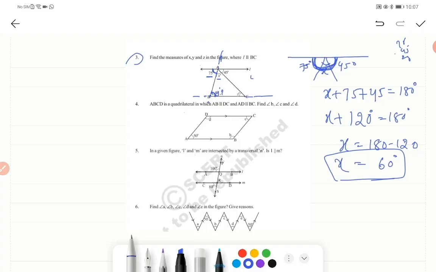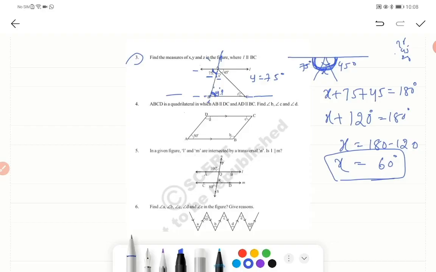Alternate angles are equal for two parallel lines with a transversal intersecting at two different points. Therefore y is 75 degrees. Now what about z?